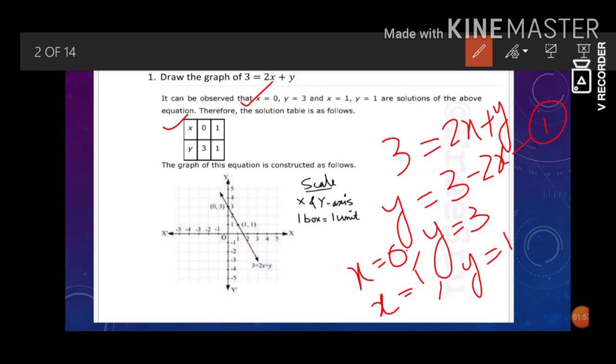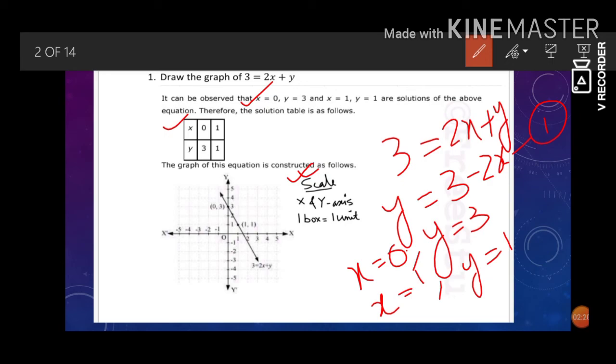Now to draw a graph, it is very important to write the scale that I have written. Here I have considered one box equal to 1 unit, so the difference between one box is 1. With the help of this graph and the scale, we get the points (0, 3) and (1, 1).